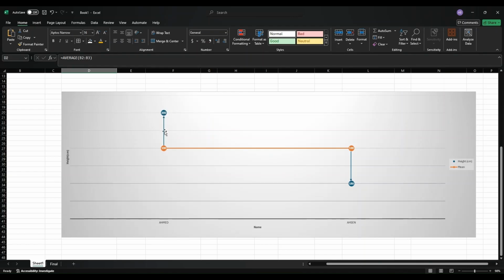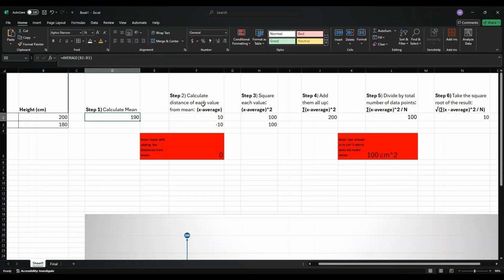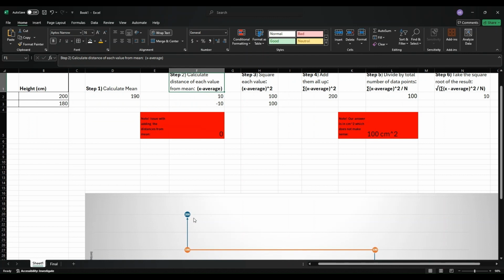So 200 minus 190 and 180 minus 190. This distance that you can see, which is represented by the arrows, this is basically the fluctuation. Now, the greater this fluctuation is, the higher the standard deviation. The next step in the formula is x minus the average, which again is basically just telling us how far each point is from the mean.